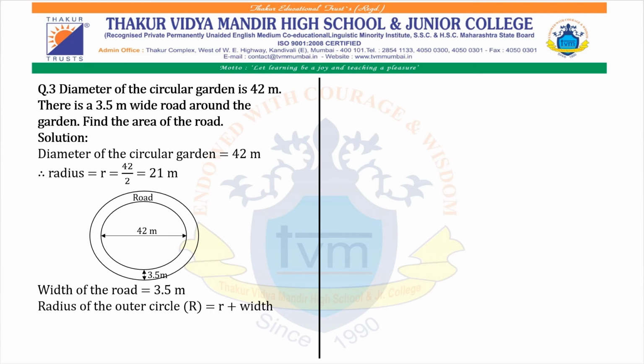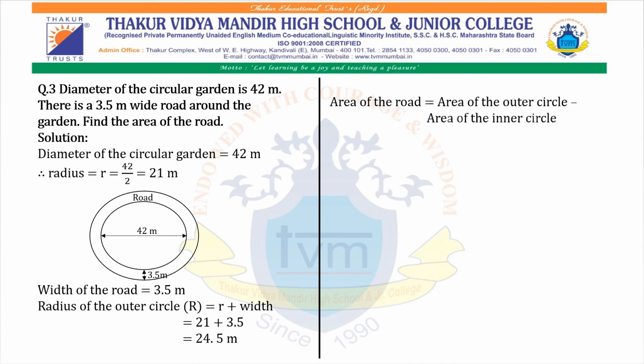Therefore, radius of the outer circle, capital R, is equal to r plus width, that is 21 plus 3.5, which gives you 24.5 meters. Area of the road is equal to area of the outer circle minus area of the inner circle, which is equal to pi R square minus pi r square. We'll take pi common, so pi into capital R square minus r square.